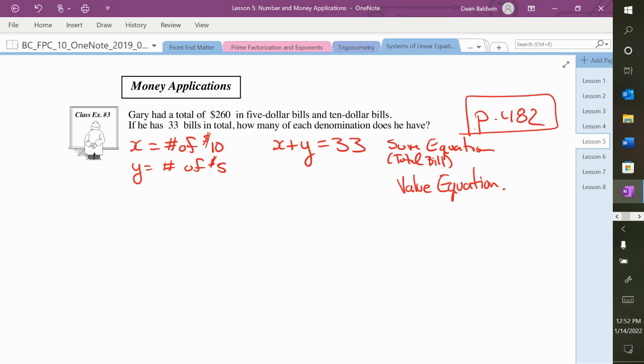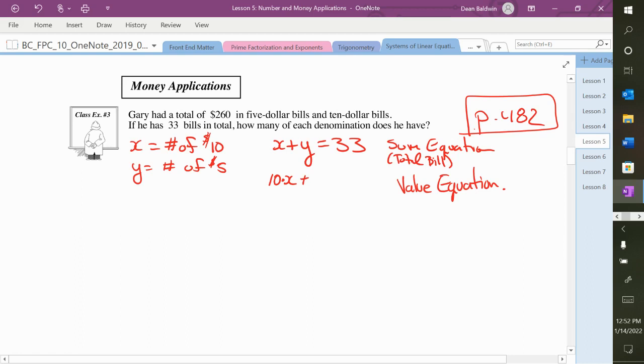So it's the number that you have times its value. So the value equation is going to be 10x, the value of the bill times the number of it, plus, then you do it for the 5.